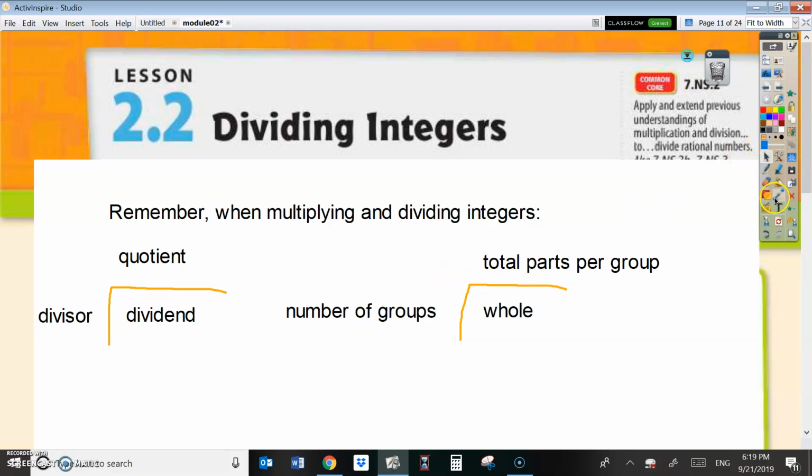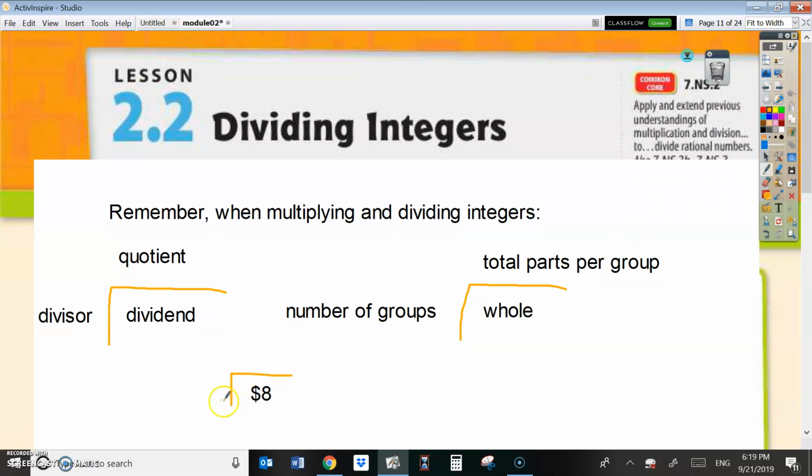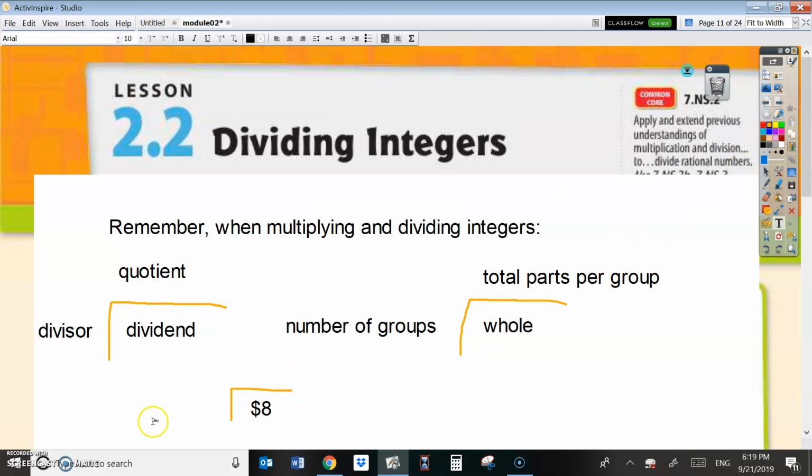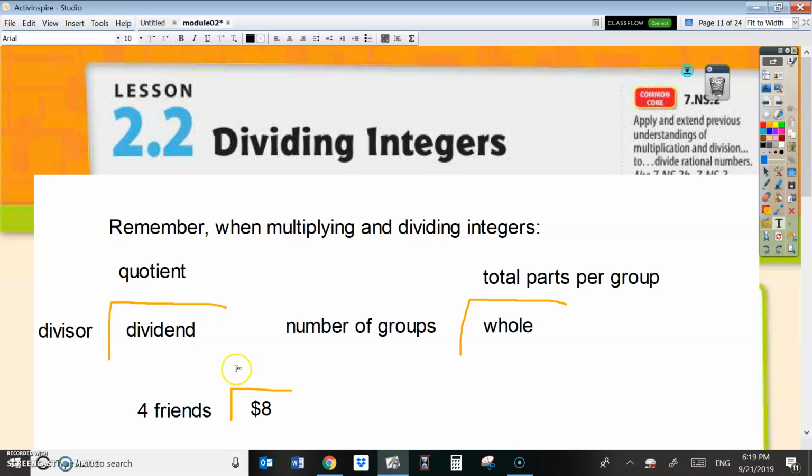Like say you had $8 divided by 4 friends. Then each friend would get $2. Not 3, $2.